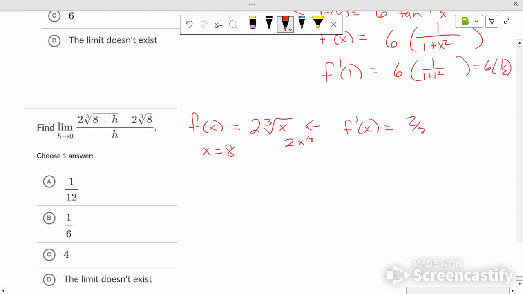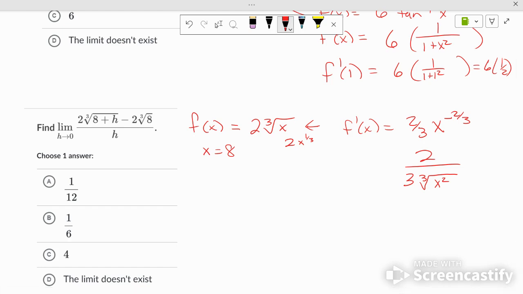So it's 2/3 x to the negative 2/3, which is 2 over 3 times the cube root of x squared. Because x to the 2/3 is the cube root of x squared. And then when it's negative, it goes to the denominator.